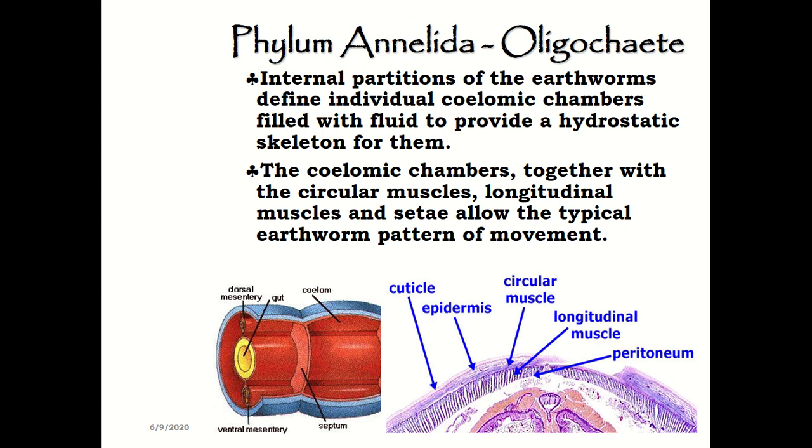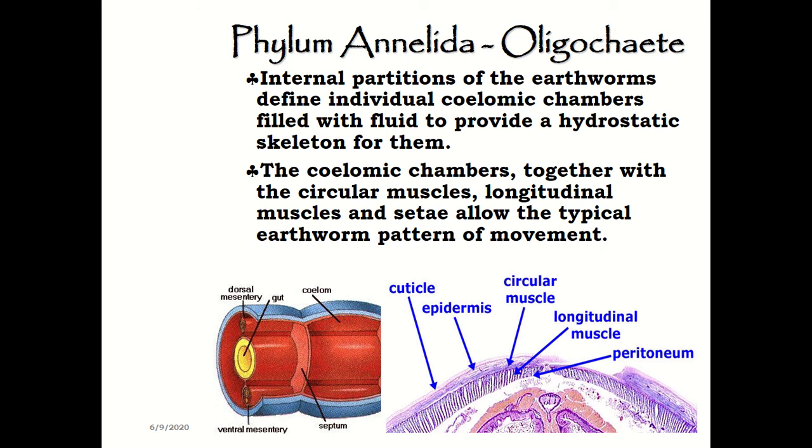The class Oligochaeta in phylum Annelida has internal partitions that define individual coelomic chambers filled with fluid to provide a hydrostatic skeleton. So they do not have bone, but they have fluid in their body.